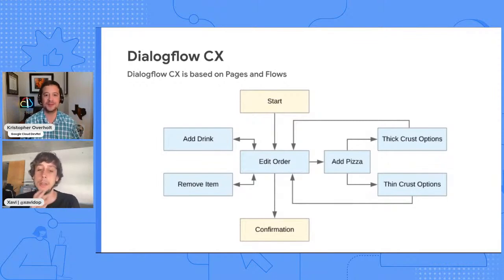The state is going to be saved. So once you start the process again, instead of starting from the beginning, you can continue the order from where you left off, because CX will store all the user's state in the conversation. That's very important.